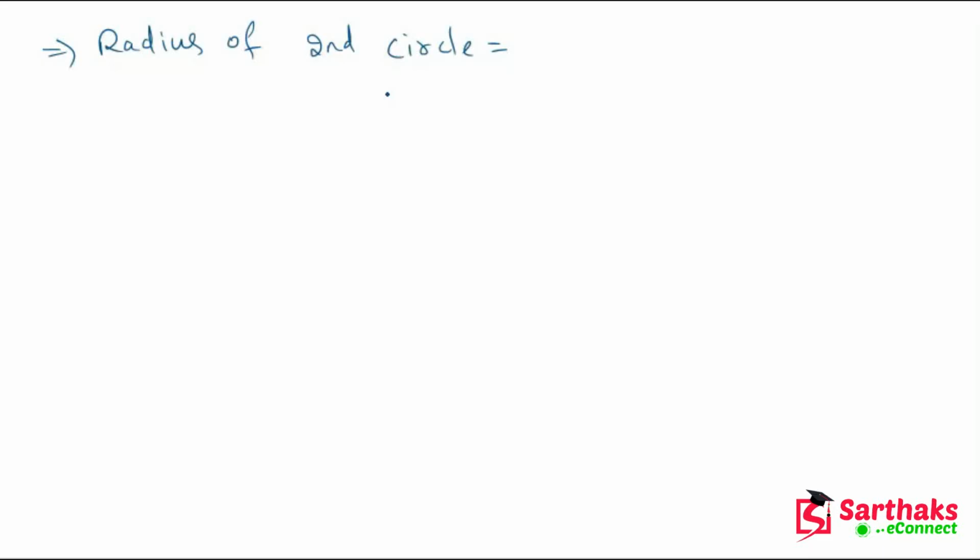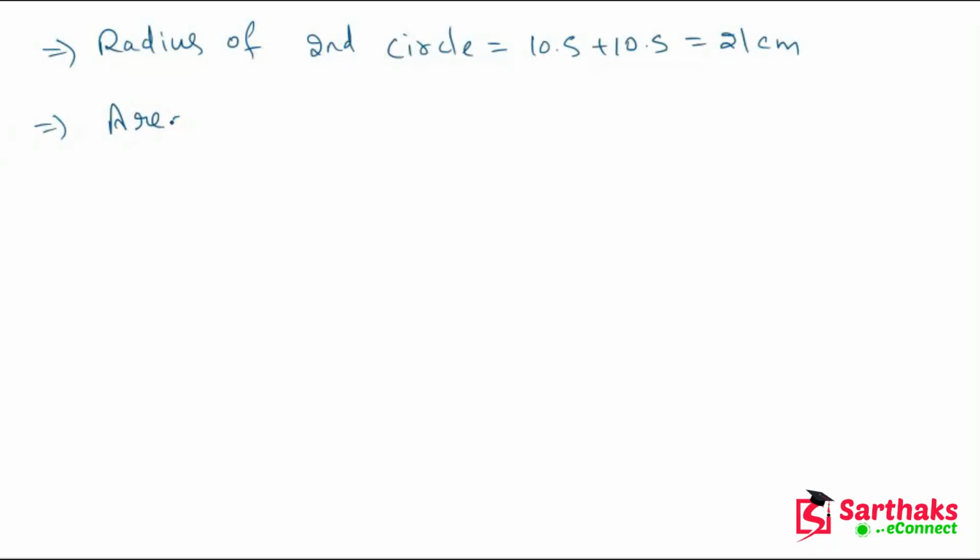The radius of the first circle is 10.5 centimeter, so this becomes 10.5 plus 10.5, which gives 21 centimeter. Now we can easily find the area of this second circle.